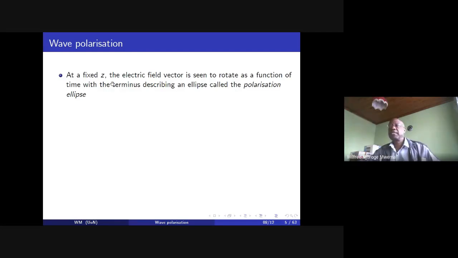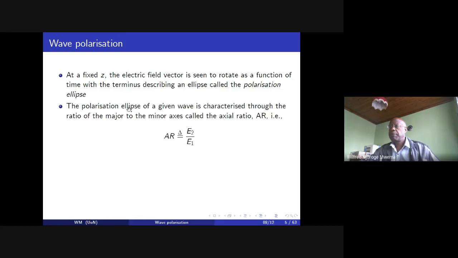So at a fixed point, at a fixed z, the electric field vector is seen to rotate as a function of time with the terminal describing an ellipse that we shall call the polarization ellipse. The polarization ellipse of a given wave will be characterized through the ratio of the major to the minor axis, and this is usually given the name axial ratio, or AR.